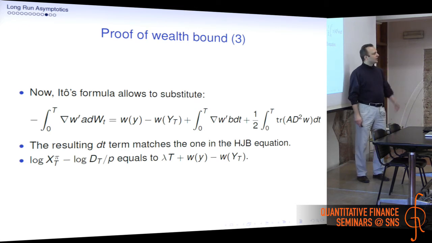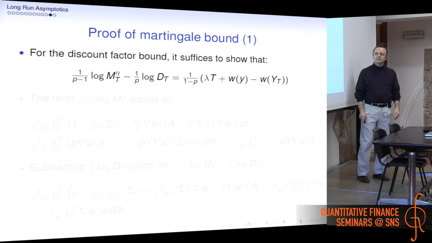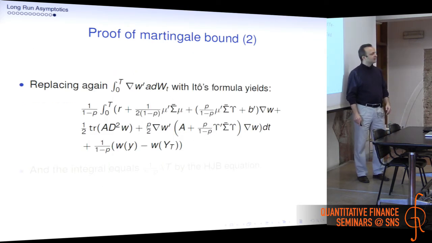If you want to do the dual bound, you do exactly the same story, okay? You plug everything in, and I'm not going to go into detail, but with the same procedure it will give you exactly the bound that I wrote earlier.